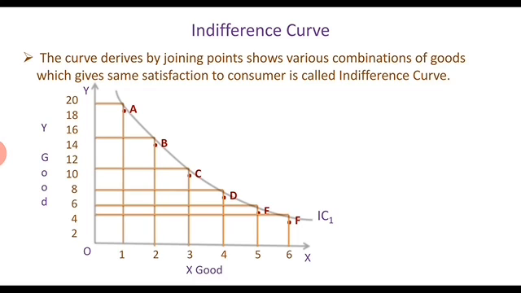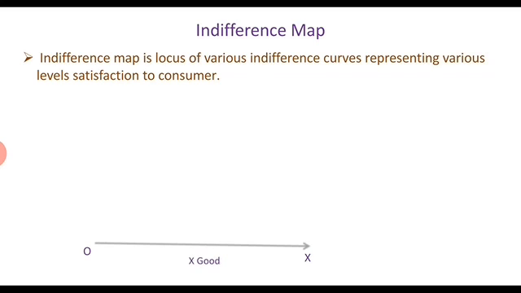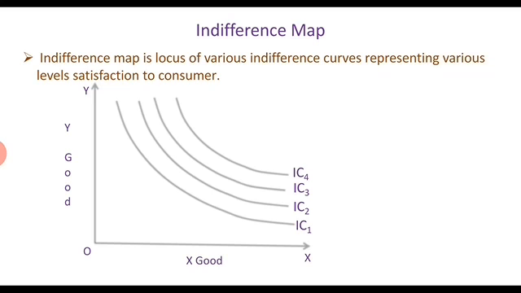In this diagram, we see one indifference curve. Now the indifference map. An indifference map is the locus of various indifference curves representing various levels of satisfaction to the consumer. In this indifference map, IC1, IC2, IC3, IC4 are indifference curves.